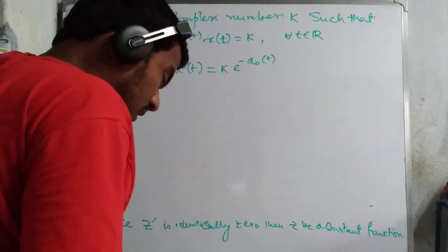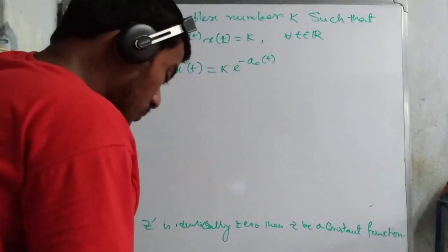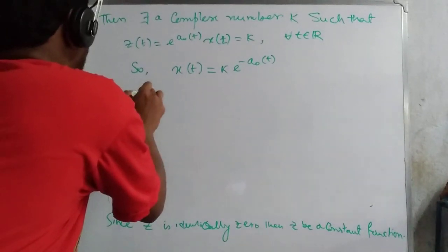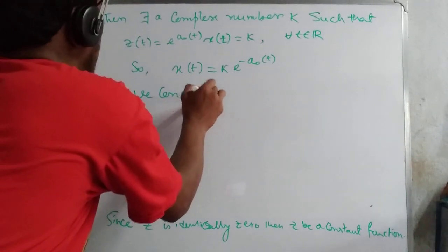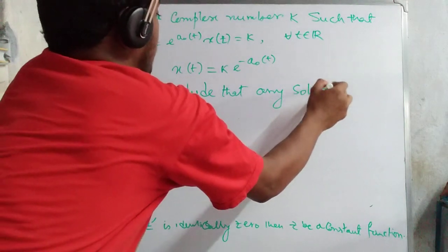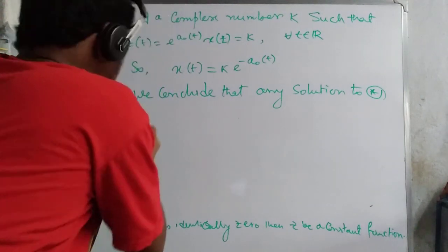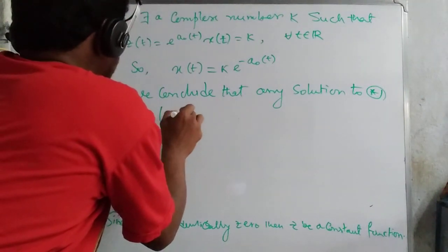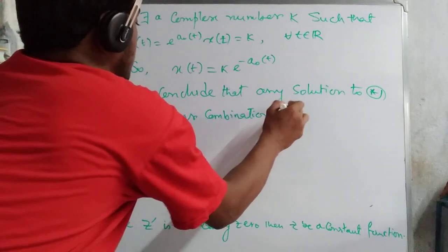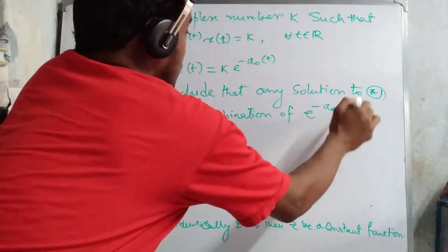So we conclude that any solution to star is a linear combination of e to the power minus a0 t.